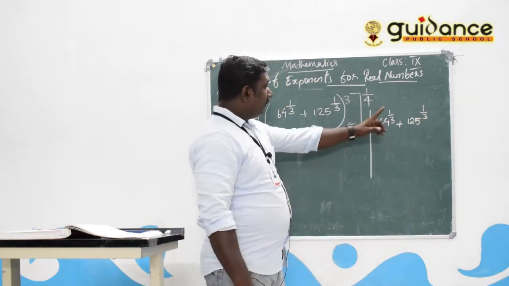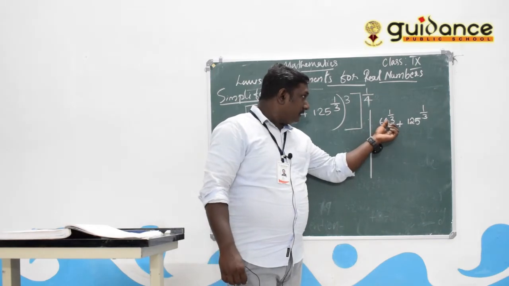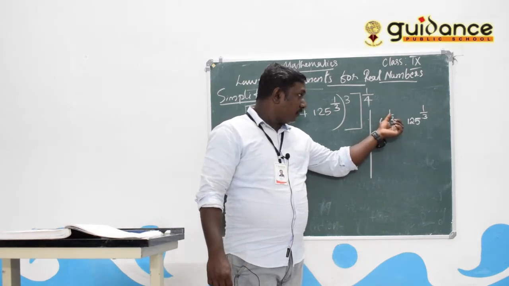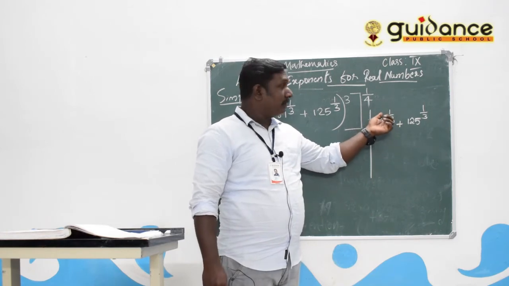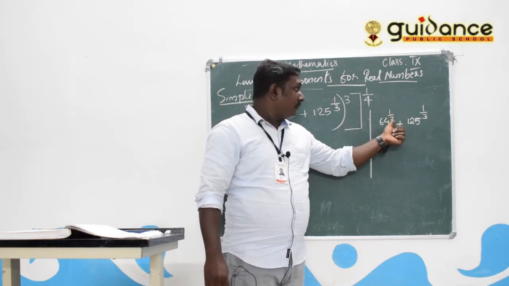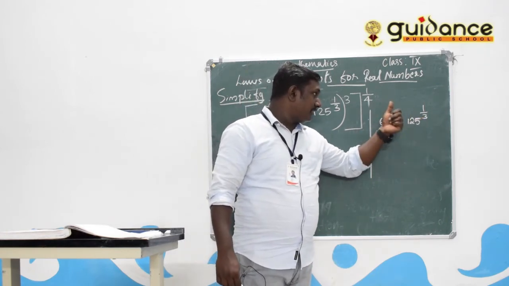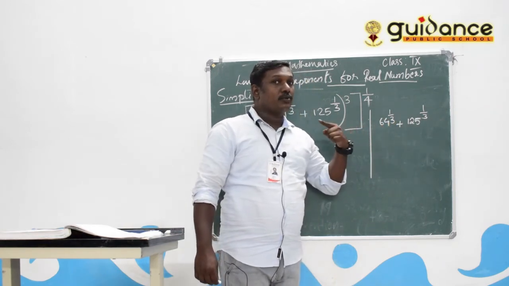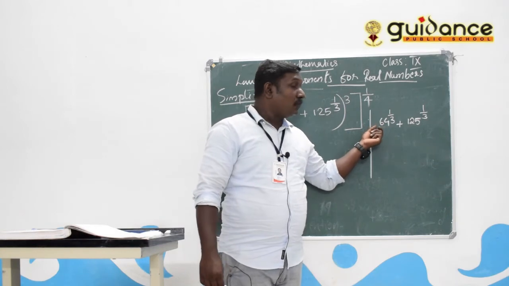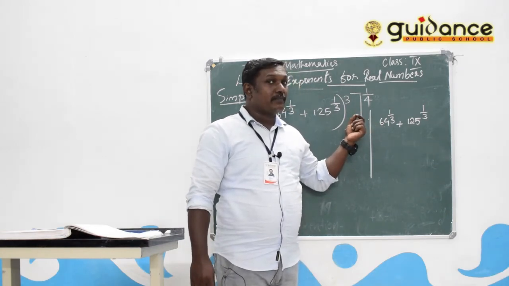Look here, I told you earlier, according to the exponent's denominator, you have to thoroughly check the denominator of the exponent. Both numbers' exponent denominators are 3. So the base is 64. So suddenly we have to identify that 64 is the cube of some other number.